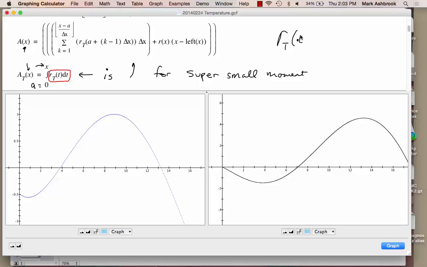R sub t dt. That's a product of two things, and the most important product we've talked about in the last month. Okay, and what does it mean? How about Kenneth?